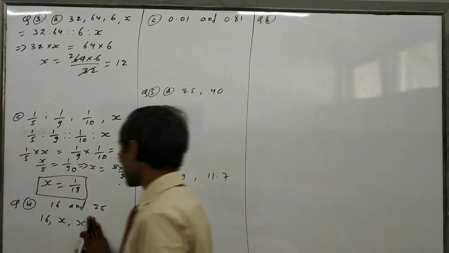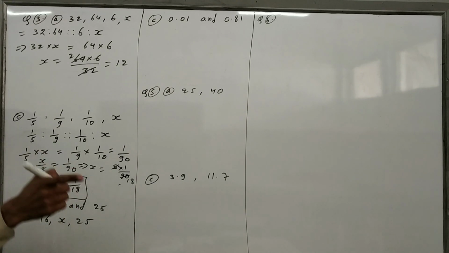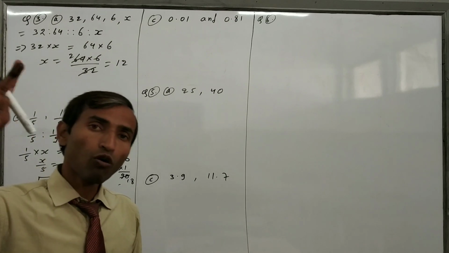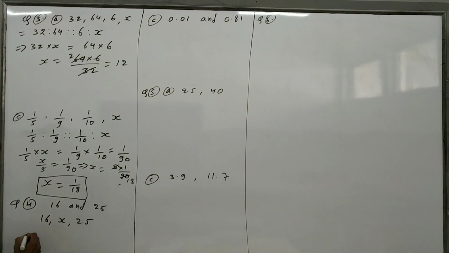Either we write 16 comma x comma 25, or we arrange it as a proportional, where x will come 2 times, in both mean places. So write down 16 ratio x proportional x ratio 25.